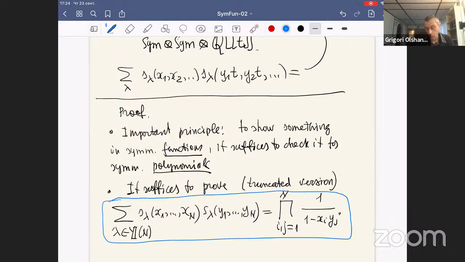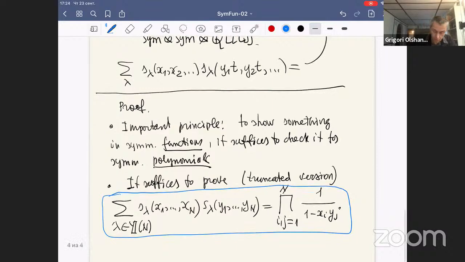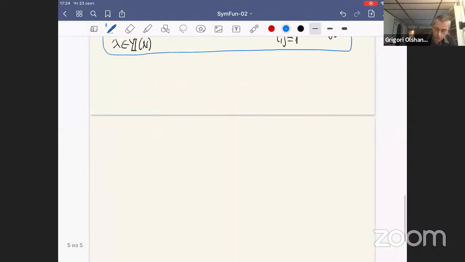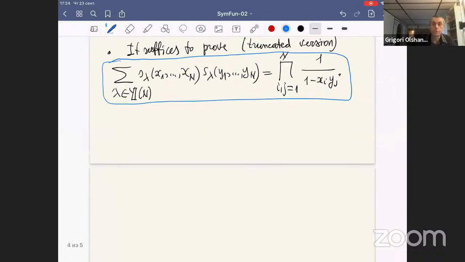Okay. What next? Next, we just use the definition of the Schur polynomials as a ratio of two determinants and write it as follows. We set l sub i as before.